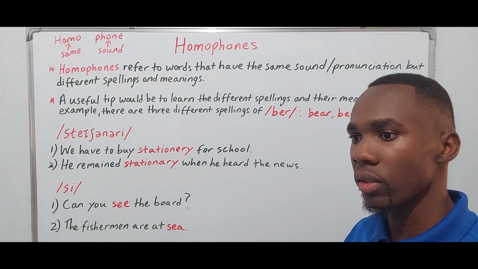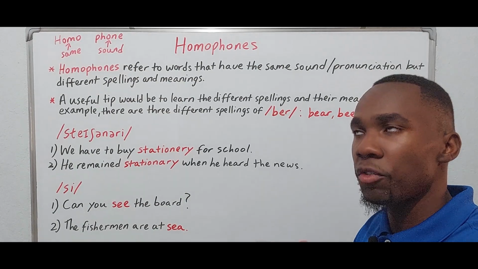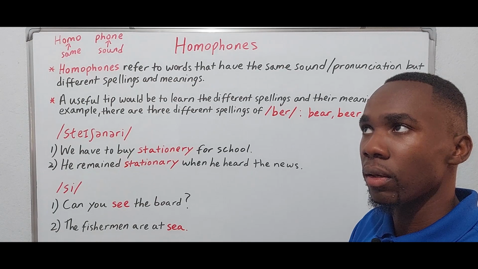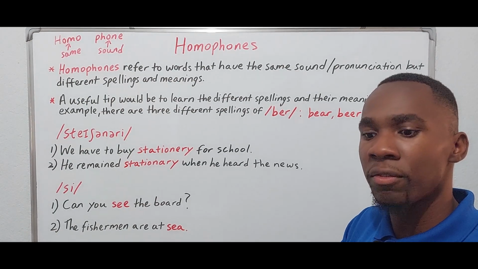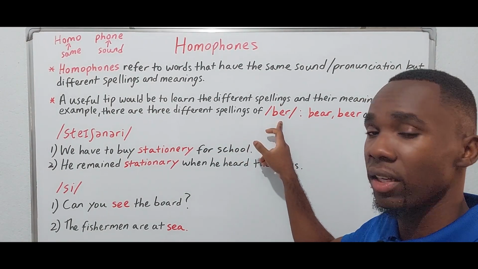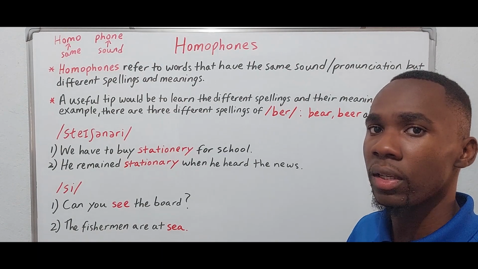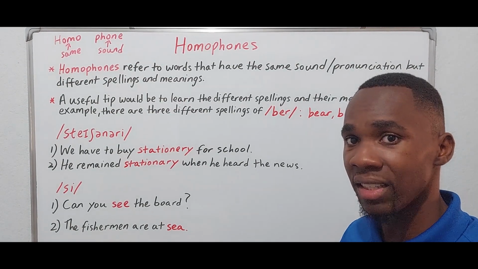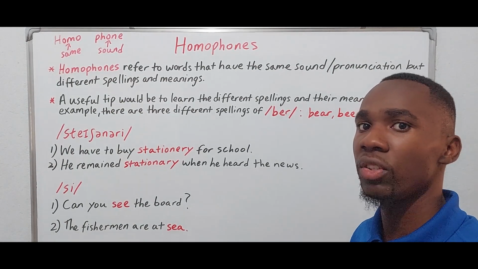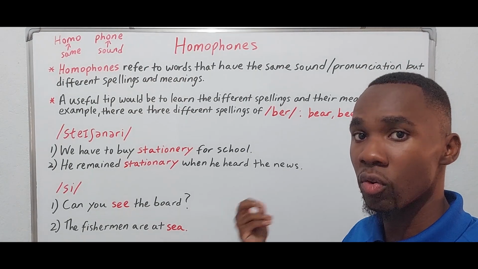If you have a sound, like how we have bear here, that can have multiple spellings, be sure to learn each individual spelling and the associated meaning, right? That would be a great tip when it comes to homophones.